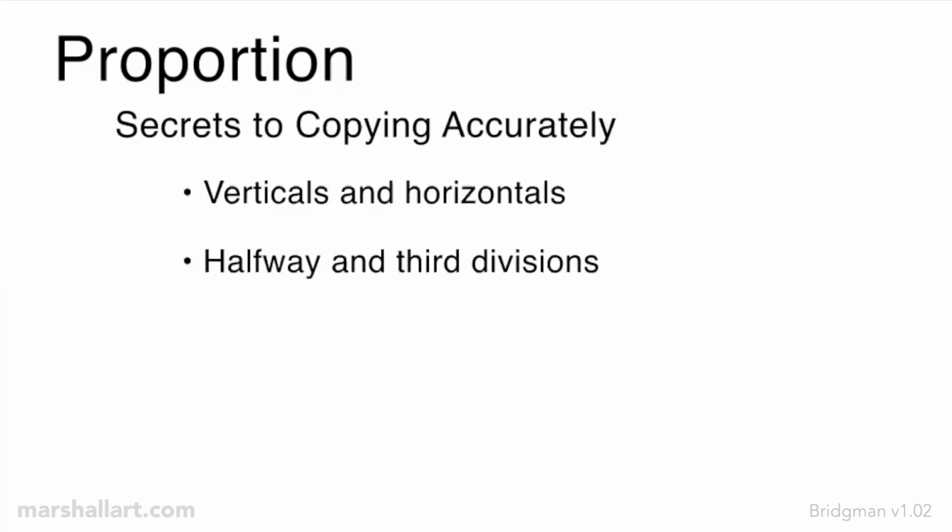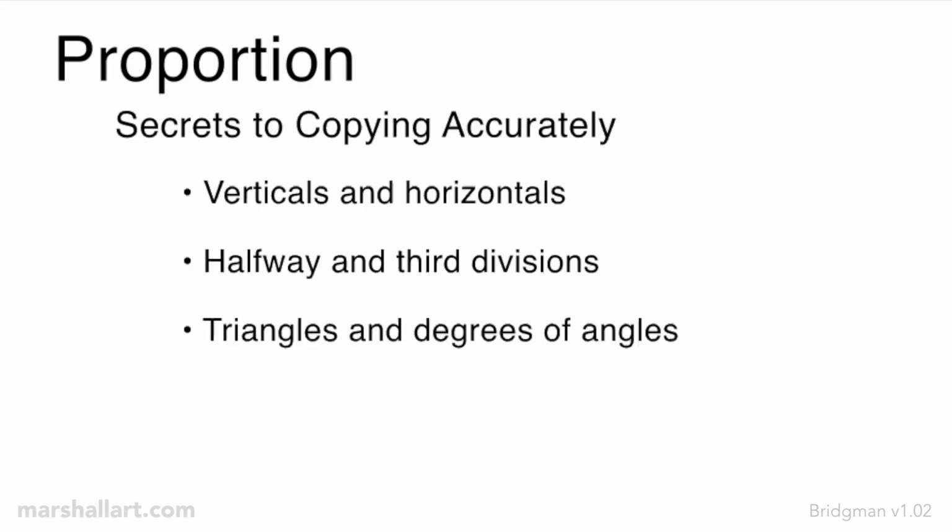Here's another. Triangles and degrees of angles, because verticals and horizontals aren't necessarily shapes. Triangles are shapes, and they can be discerned. And degree numbers remind us that they really are at a particular angle.